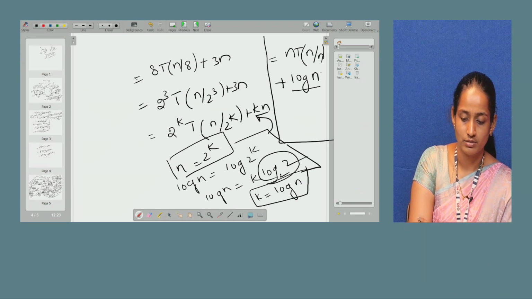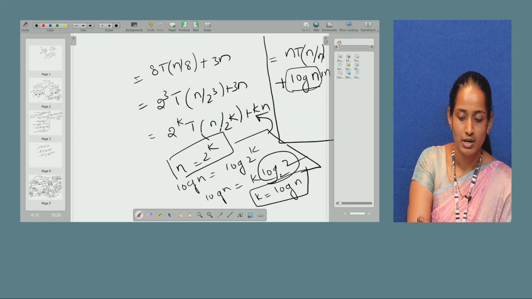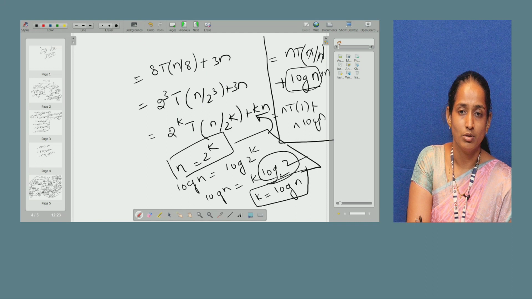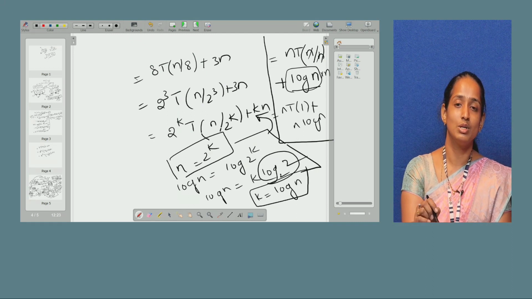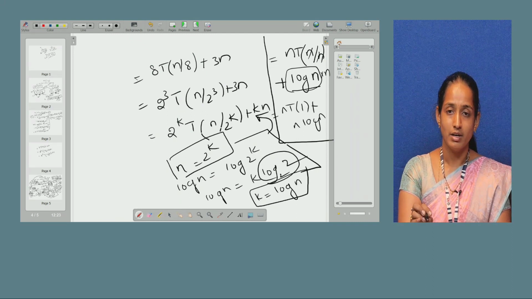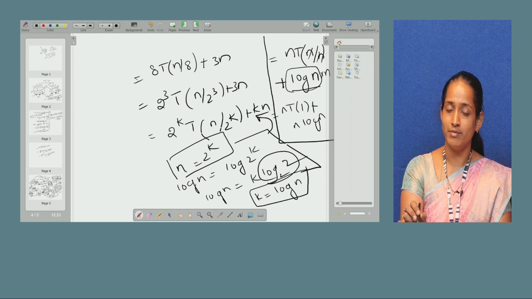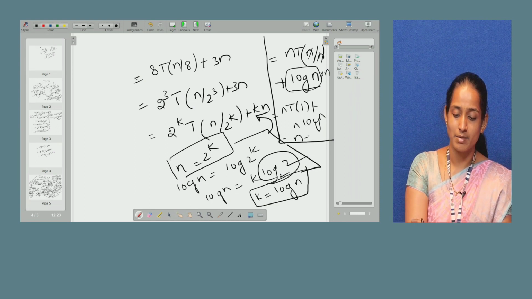So this value will be n into T of 1 plus n log n. Based on the given recursive equation, we have T of 1 value as 1. So n plus n log n will be the final answer.